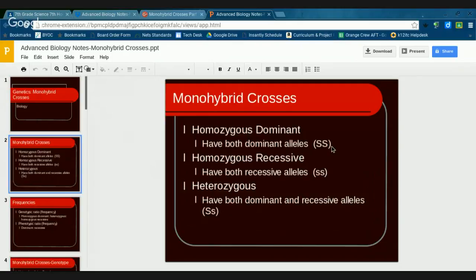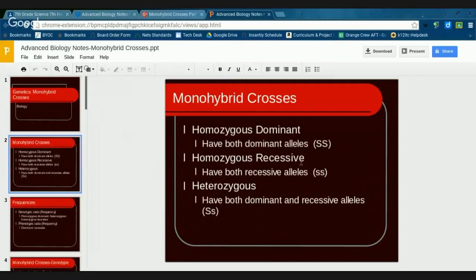I don't know that I would use the letter S. Maybe use the letter B or T, something where you can definitely tell the difference between the capital and lowercase. Like we said earlier, the dominant allele is going to be capitalized. That's what we mean by homozygous dominant: homozygous meaning the same, dominant meaning you have both copies of the dominant allele.